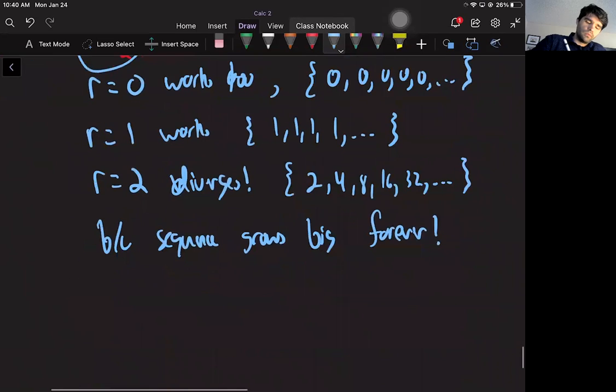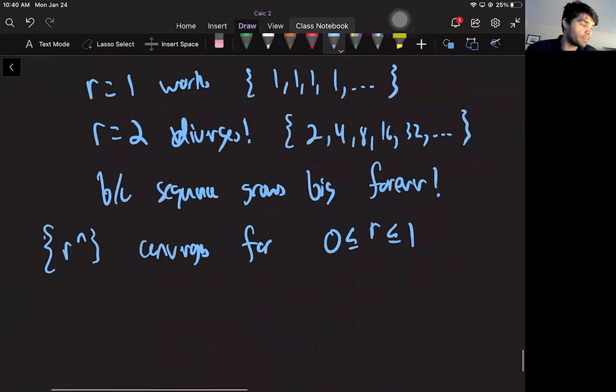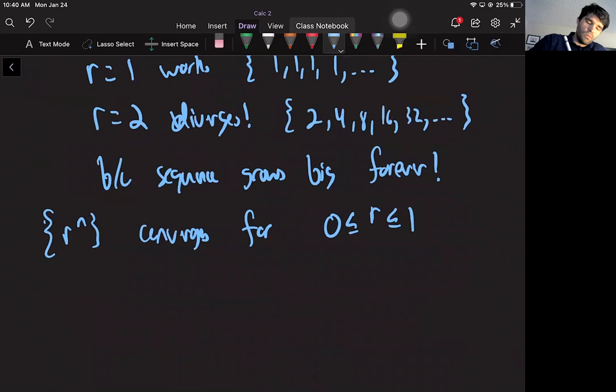So in general, r^n converges if you're between 0 and 1, and it'll diverge when you're past 1.